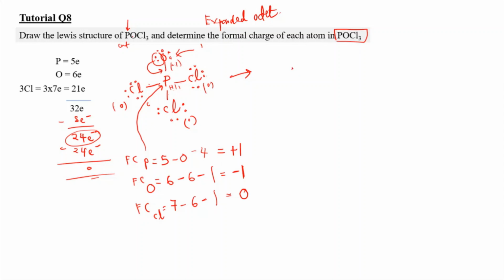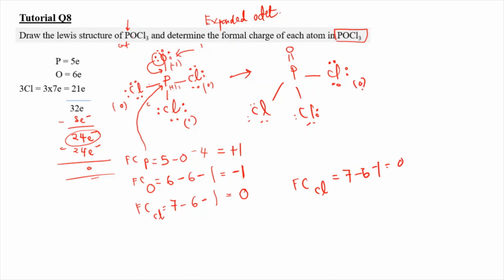So once we do that, we're going to get the structure to be P, O, Cl, Cl, and Cl here. So 1, 2, 3, 4, 5, 6. So you just copy back again. And the formal charge of chlorine is the same as before. So you're going to get 7 minus 6 minus 1, which is 0.